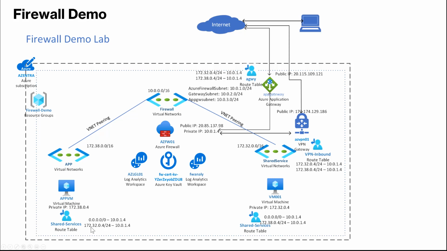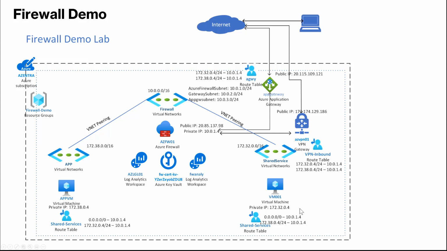So basically, for east-west traffic, I have a route here, 172.32.0.4, which is the subnet being used on the shared services side, right? And that is also being sent to the private IP of Azure Firewall. I would not say internal interface, that's the other side, right? So the private IP of your Azure Firewall.